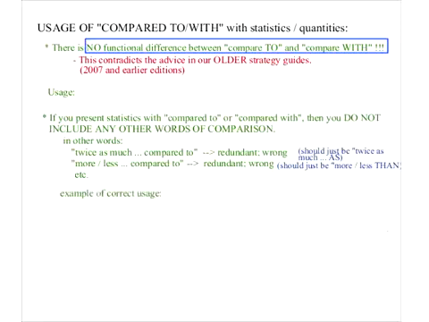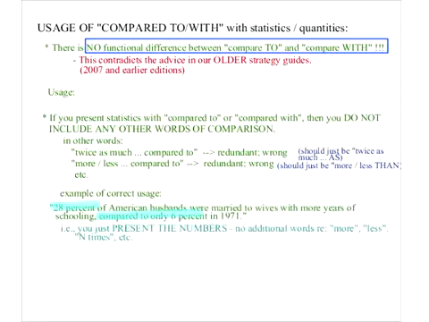The way that you're supposed to use it is like this. 28% of American husbands were married to wives with more years of schooling, compared to only 6% in 1971. Okay, notice you just present the numbers.